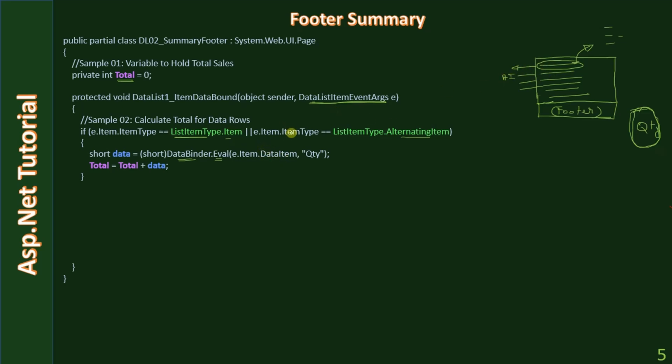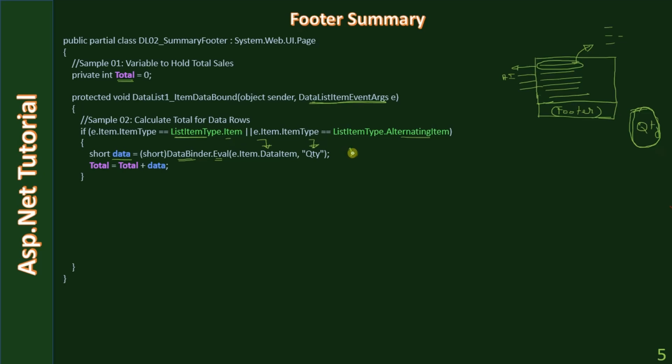So whatever is the data item will be fetched from here, and in the second parameter we give the name of the data item. We want to pick quantity, right, in the evaluate expression. So it will give quantity and we are converting that into short and storing that in the data.